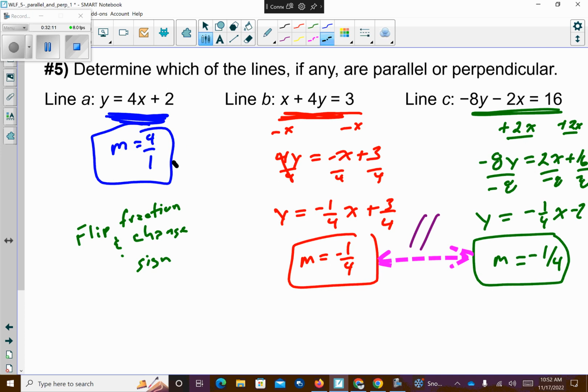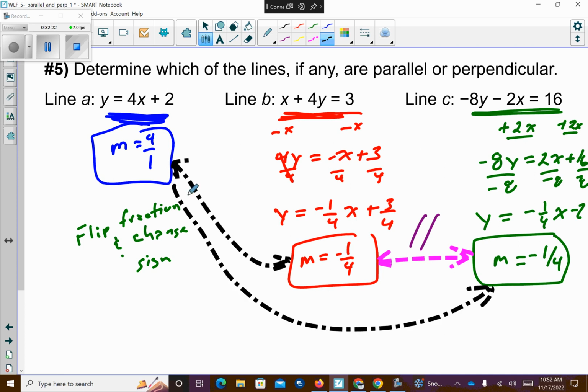So are these flip over fractions of each other? Are they opposite sign? One positive, one negative. What about these? Yeah. So A and B are perpendicular. A and C are perpendicular. B and C happen to be perpendicular and perpendicular.